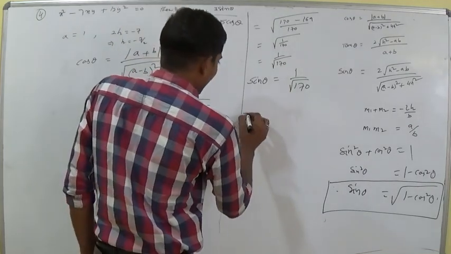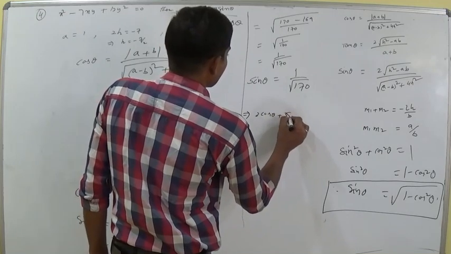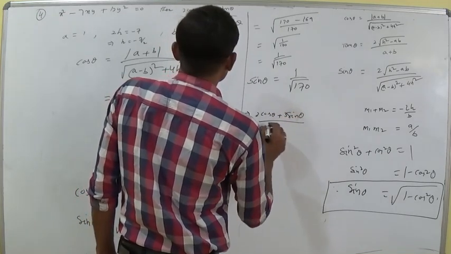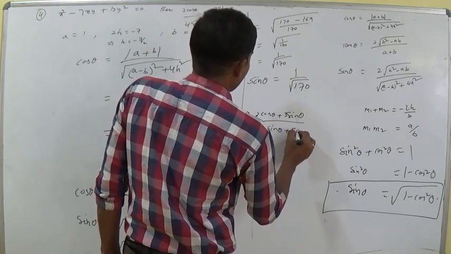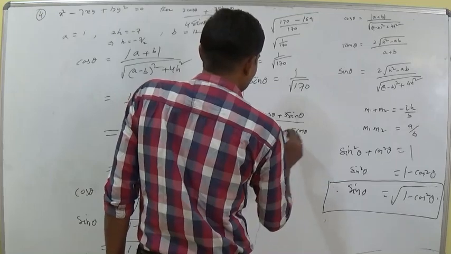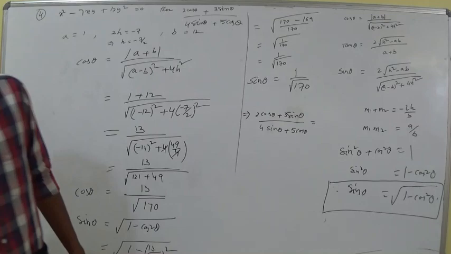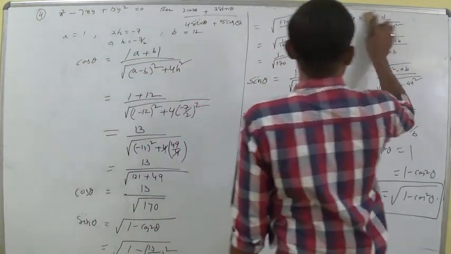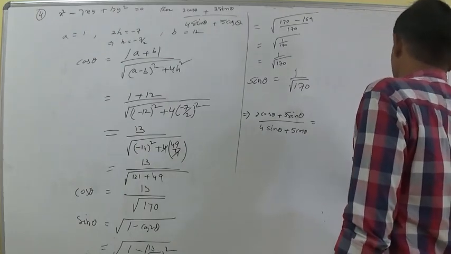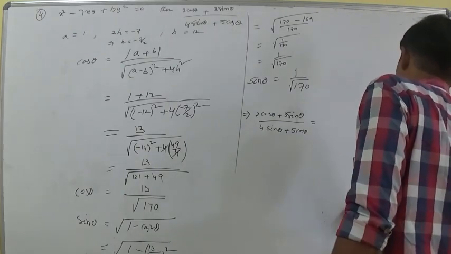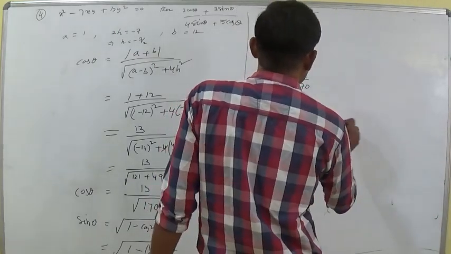So that implies (2 cos theta plus 3 sin theta) by (4 sin theta plus 5 cos theta) equal to 2 into cos theta.